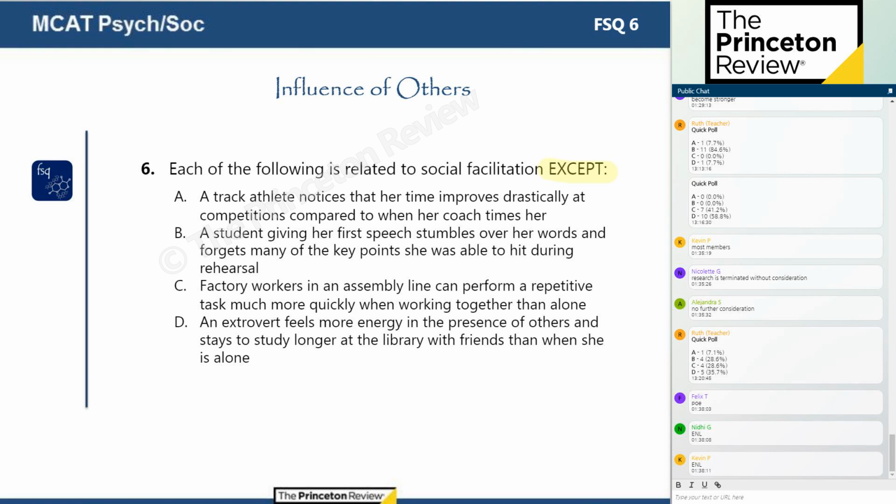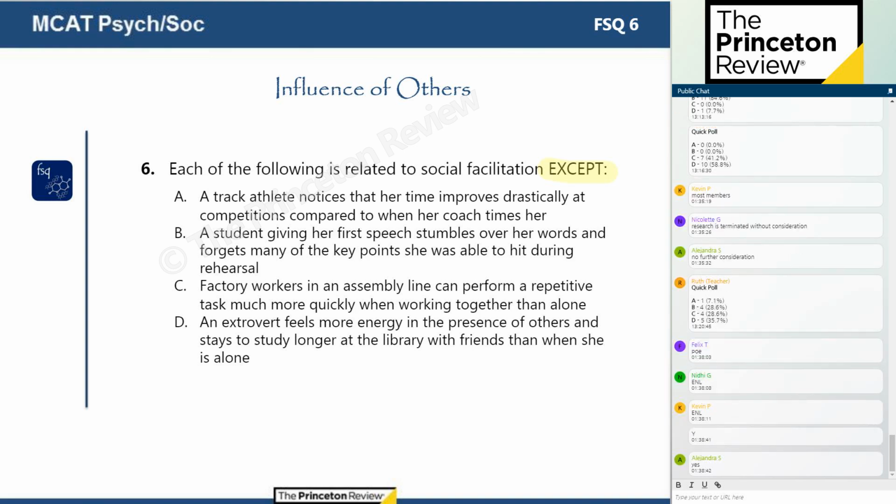So let's see, a track athlete notices her time improves at competition. Would that fit social facilitation? Yes. A student giving her first speech stumbles over her words and forgets many key points that she was able to do during rehearsal.